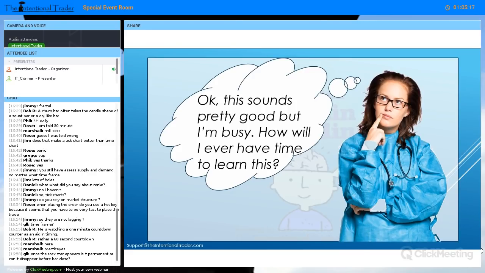Now, I say that there is a setting inside the Rockstar that allows it to turn off after a certain number of bars. And I do that on my charts because I don't like to have a lot of clutter on my chart. So once it's rolled off 8 bars, then it'll just disappear. There's another time that it can disappear.